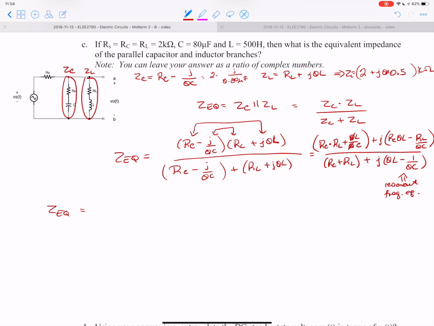Well, if we deal with 80 microfarads, we move the K up onto the top, then this is very simply going to be equal to 2 minus j times 12.5 over omega kiloohms.